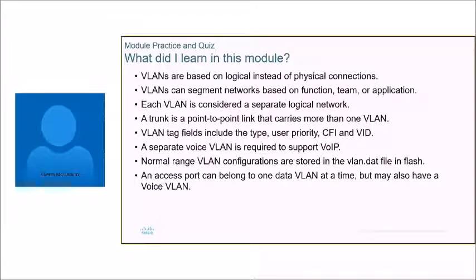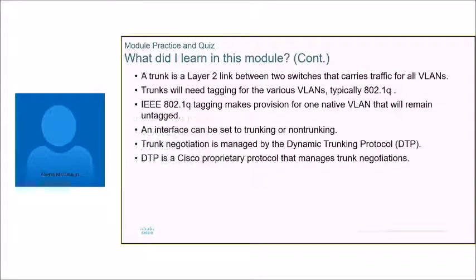Normal range VLAN configurations are stored in the vlan.dat file. Of course, extended range ones are stored in the config. An access port can belong to one data VLAN at a time, but may also have a voice VLAN. A trunk is a layer 2 link between two switches that carries traffic for multiple VLANs, quite possibly all of them.